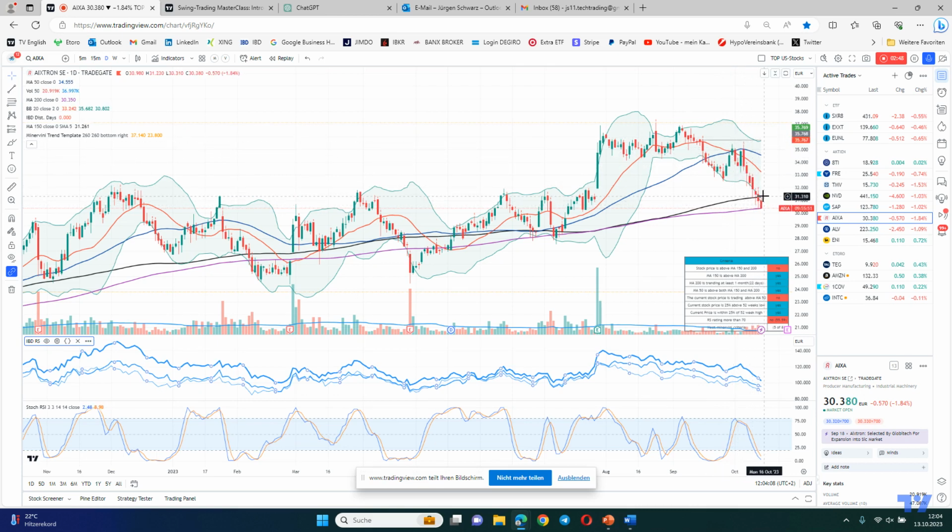And again, after we did our analysis, we're going to consult ChatGPT and see if ChatGPT can add anything to our analysis. So we opened the position as the trend started to enter a confirmed so-called stage two uptrend, with a 50-day moving average being higher than the 150-day, and that one being higher than the 200-day.